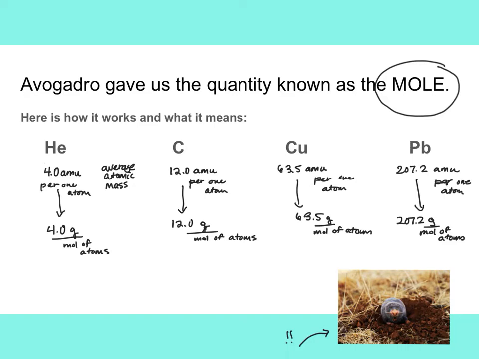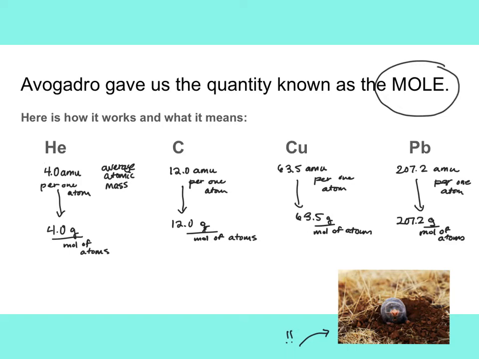What Avogadro thought and figured out was that if you take the mass of an individual atom and scale it up to a mass not in AMUs but in grams, it would represent the same number of atoms of each of these elements regardless, because a lead atom is 207.2 relative to a helium atom that is 4.0 in AMUs.